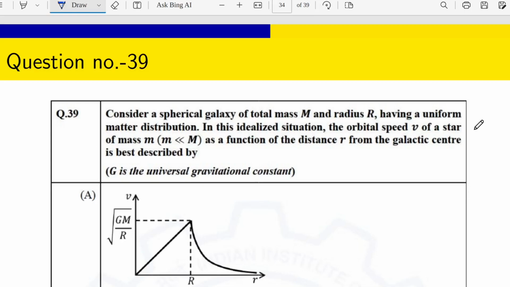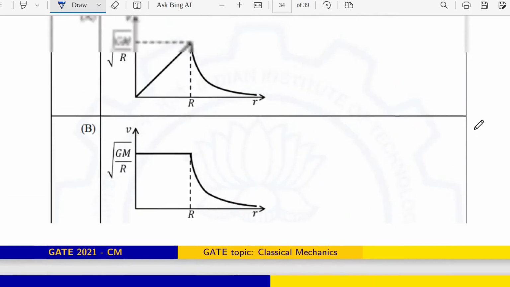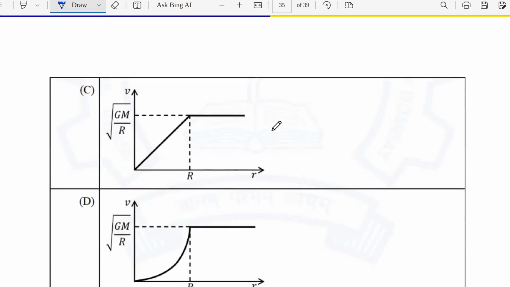In this idealized situation, the orbital speed v of a star of mass m, where m is very less than capital M, as a function of the distance r from the galactic center, is best described by which plot, where G is the universal gravitational constant. And there are 4 options of these plots. You can see this is 1, 2, 3 and 4.